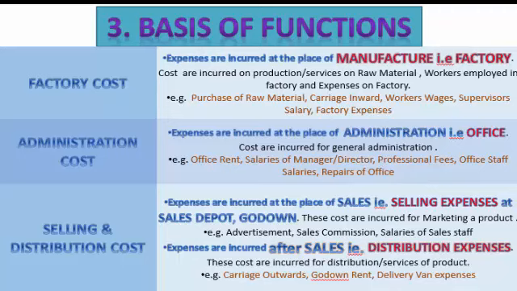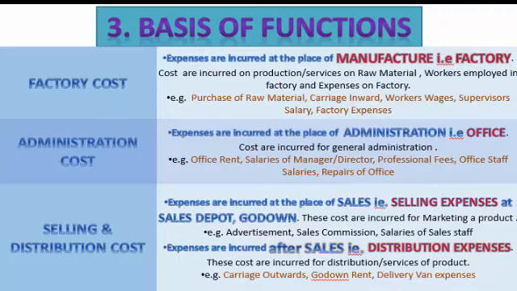The second place is where expenses are incurred at the place of administration, that is, the office. These are called administration cost. Examples are office rent, salary of a manager or director. Generally, a manager or director is assumed to be for administrative work unless specifically told that it is a factory manager.